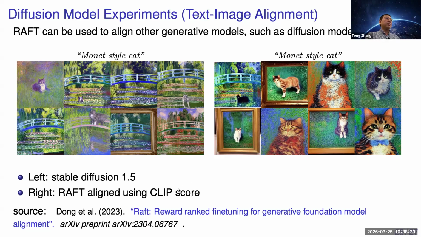Once you increase this score, they are more aligned, so they will show both Monet style and cat. This is one example. There are other examples too. You can use a quality score as well. There are also image quality scores, which measure what image looks nicer compared to other images, and you can use that as a reward model to train. So there are a lot of reward models you can use to tune your generator.